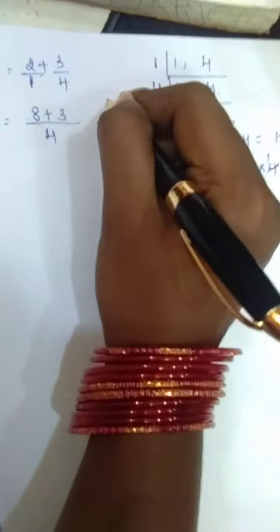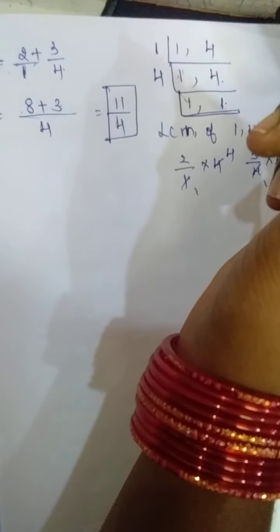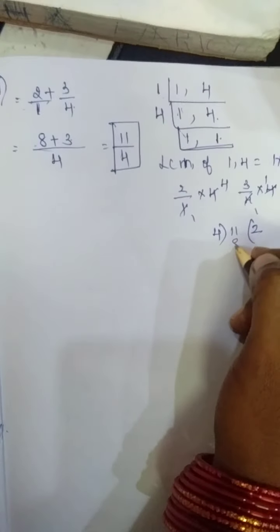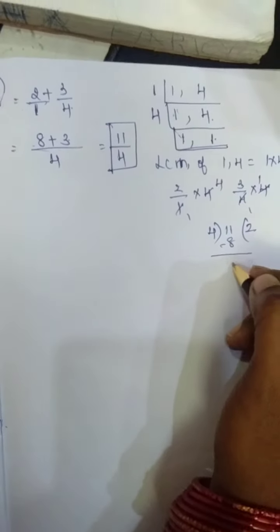11 by 4. This is your improper fraction, but he is saying that you should write it in mixed fraction. Okay, you should compute the result in mixed fraction. So how can you write this as a mixed fraction? Just do the division. How much will you get? 4 2s are 8. 11 minus 8 is 3.